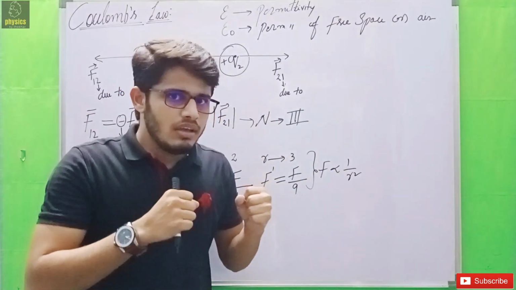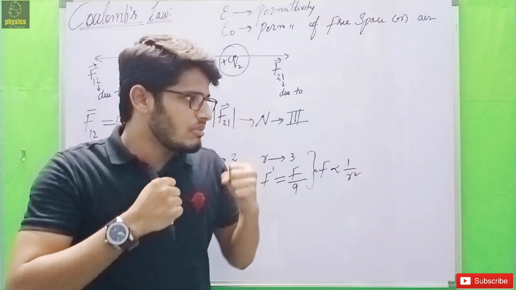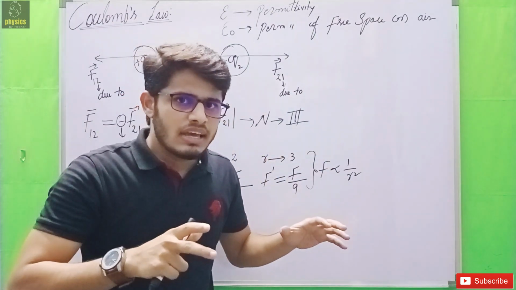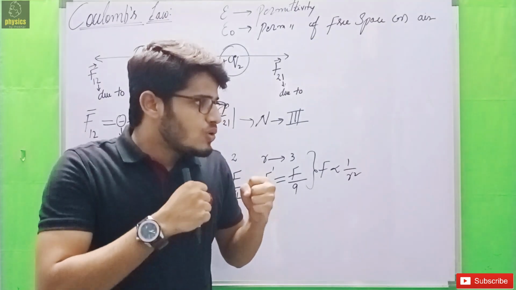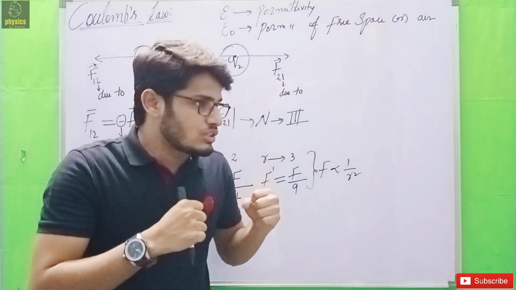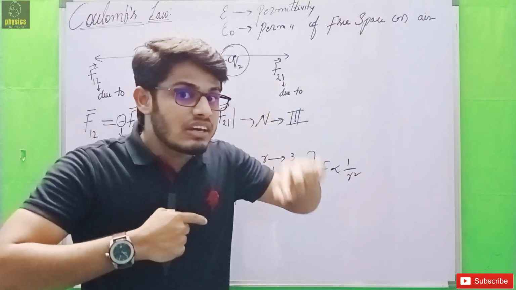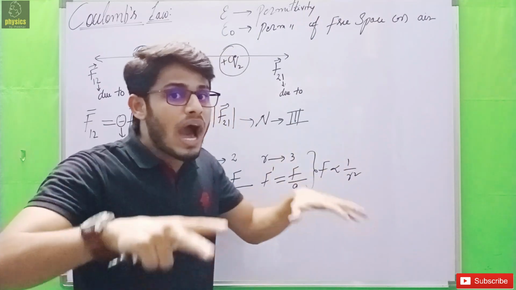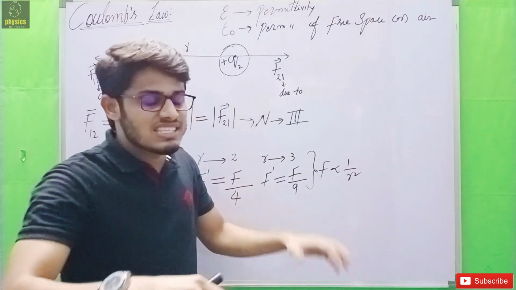But if the same thing is happening underneath the water, I am applying the same force, but the impact on that person will decrease. Why did the impact on the other person decrease? Because now I am in a medium which is more dense as compared to air.